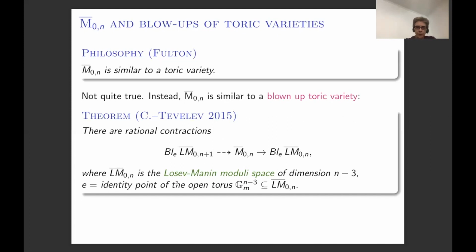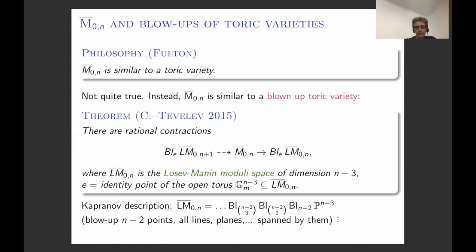The Losev-Manin moduli space, you can think of it in two ways. You have a blow-up description, like the Kapranov description of M0,n bar. This is the exact same description, except you have one point less. So you start with a projective space of dimension n-3, you blow up n-2 points in linearly general position.